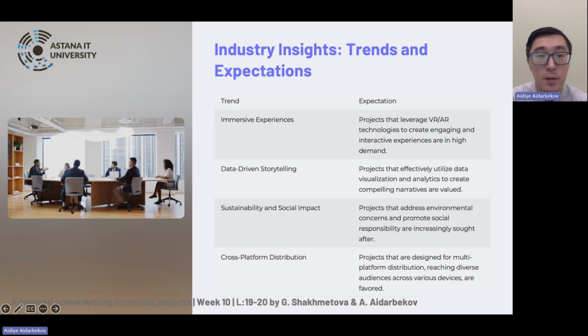So firstly, immersive experience. So projects that leverage VR and AR technologies to create engaging and interactive experiences are in high demand. So for sure, we need to understand that at some point we are not only writers for big stories like films, TV shows, but we have other media projects, other mediums that we discussed previously, and it can be even just 15-second reels for Instagram, a video for TikTok.